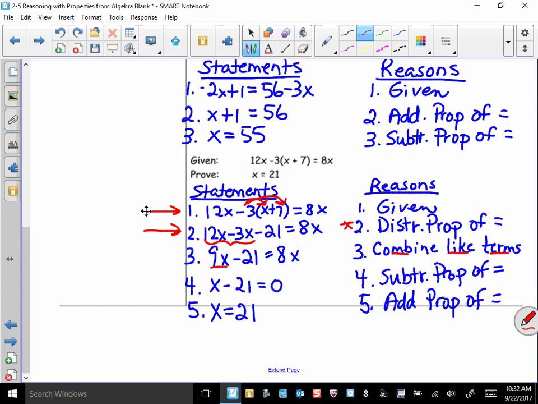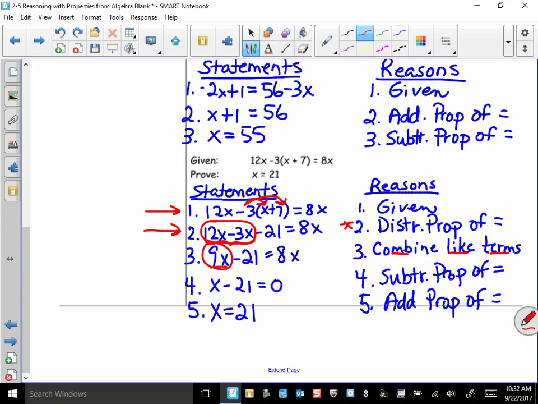You could have also used as a reason substitution, because what did I do? I substituted in 9x for 12x minus 3x. So probably the very best reason that I could put there for that step would be substitution, but I oftentimes write combine like terms, and that's perfectly acceptable.